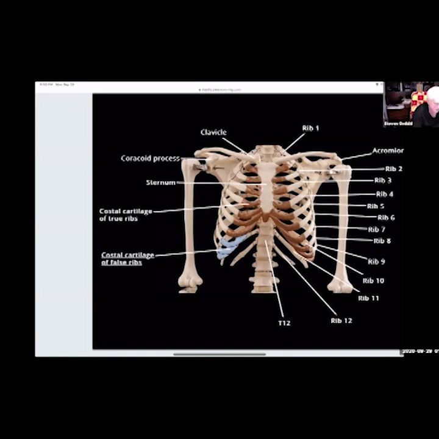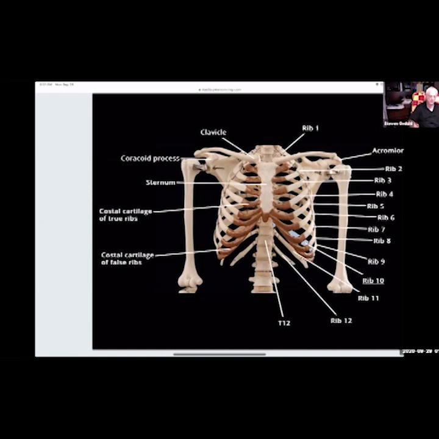Then you see T12, thoracic vertebrae number 12. That's where rib number 12 comes off of. You see rib number 11, that's T11, that's rib number 11. You see rib 10, which actually connects to rib number 7 through cartilage.